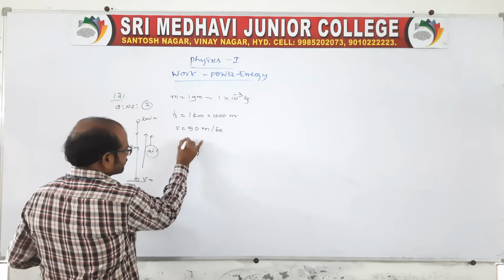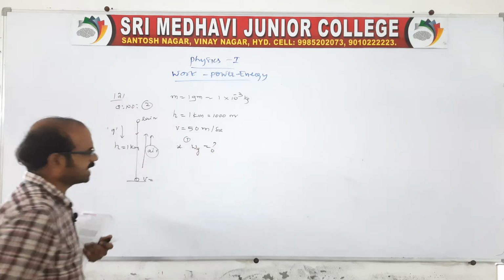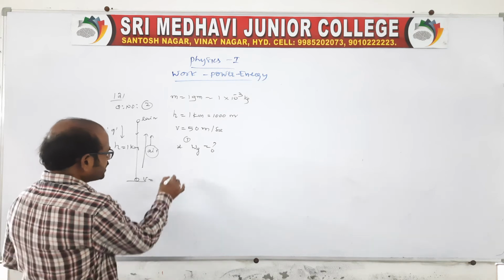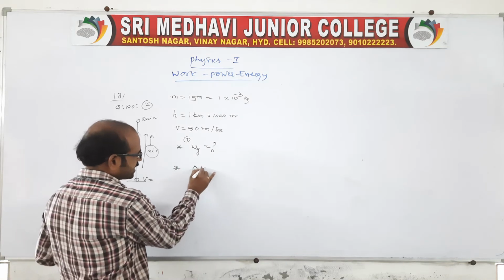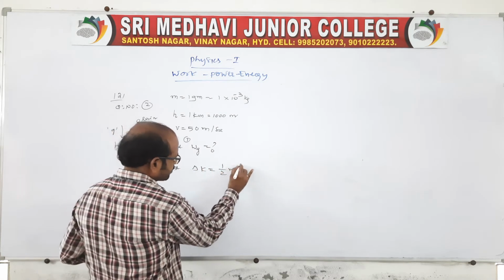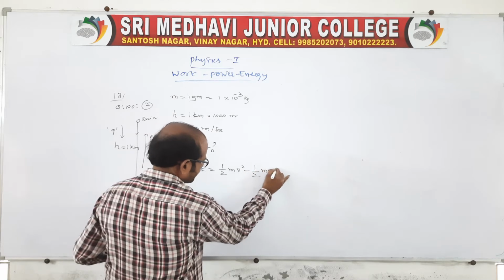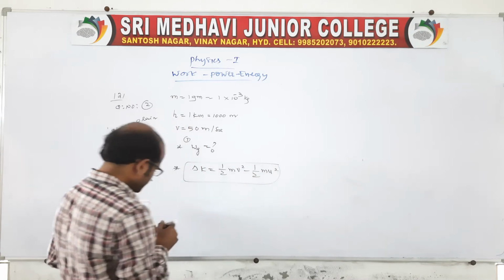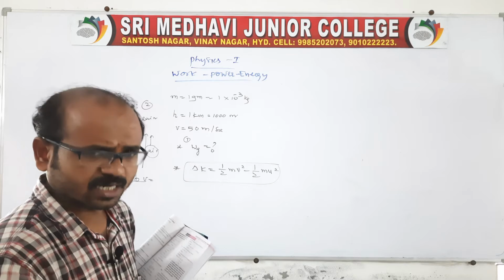First question, the work done by the gravitational force. Before that, we should get the change in kinetic energy, which is half mv square minus half mu square. Why are we taking this change in kinetic energy? I'll tell you.